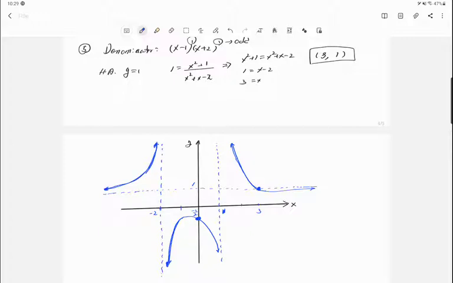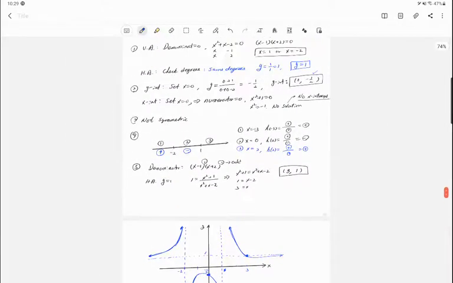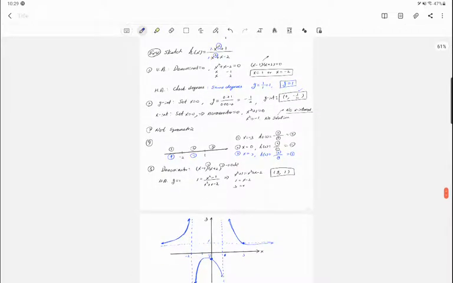So that's the graph of this rational function. Can you see it? It's kind of confusing, but make sure we use all the information we got from steps 1 to 5, and then graph it.